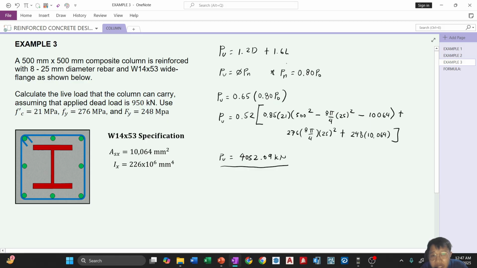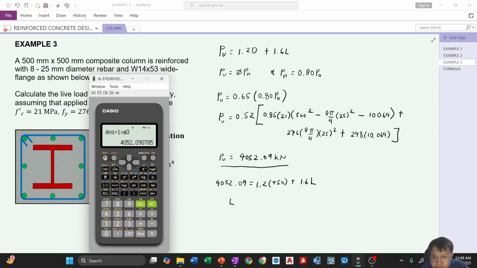Okay? So, meron na tayong Pu dito. Ang tanong lang sa atin dito, what is the live load dito? So, Pu or 4,052.09 is equal to 1.2 of our dead load, that is 950 kilonewton, plus 1.6 of the live load, which is actually the unknown. Okay? So, store na lang natin ito sa A. So, A is equal to 1.2 times 950 plus 1.6 unknown.